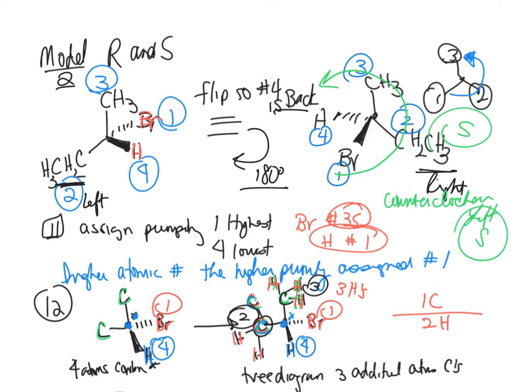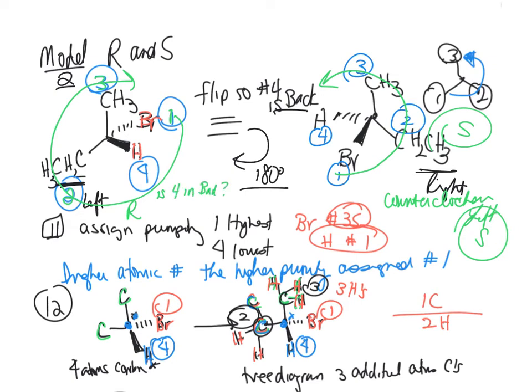So that answers 13. Now what I do, just so you know, I don't actually take the time to redraw this because I don't necessarily have the time to redraw. What I do is I assign my priorities, then I connect 1, 2, and 3, and I say, okay, that is R. And then I check, is my lowest priority in back?